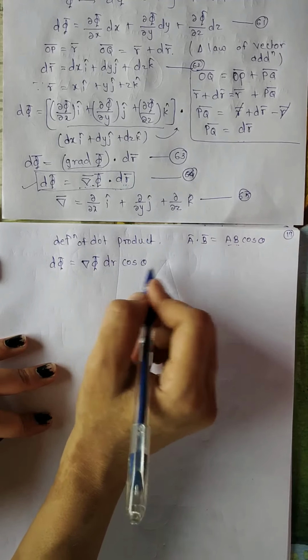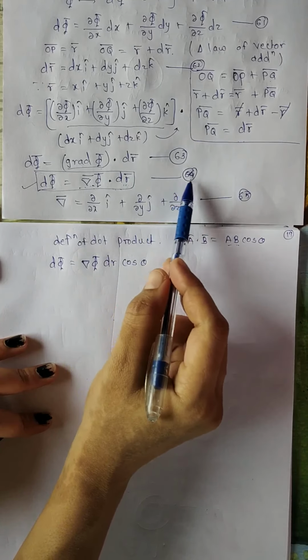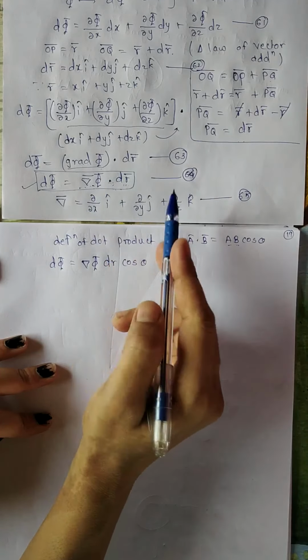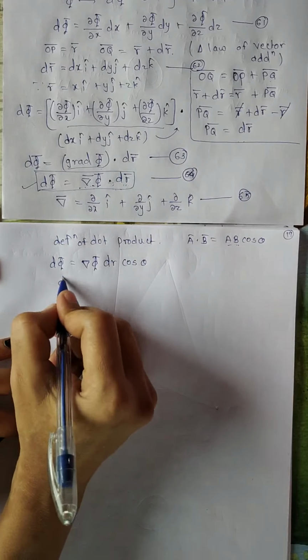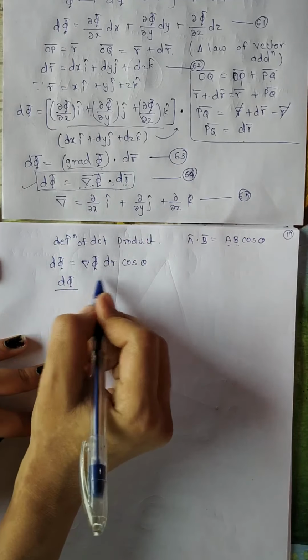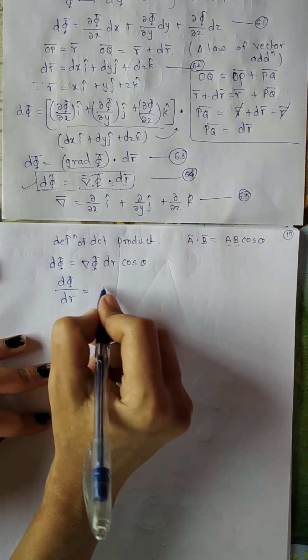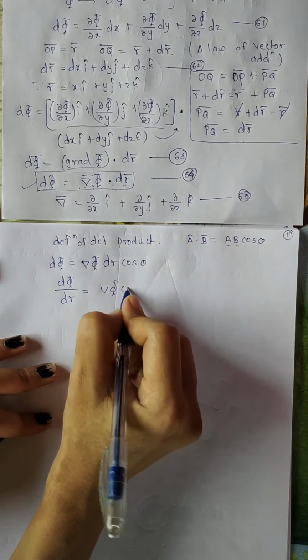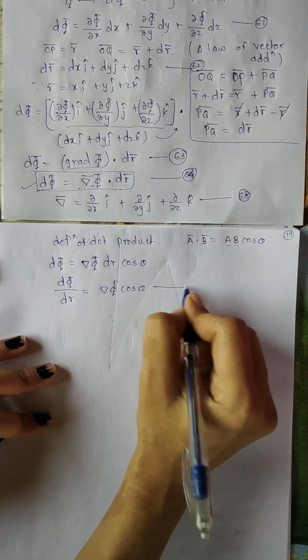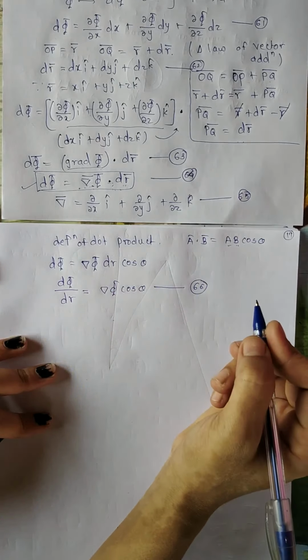So this is the change in 64 by using the definition of dot product. Taking dr to the LHS, it gets divided, and on the RHS there will be del phi cos theta. Let's call this equation 66.